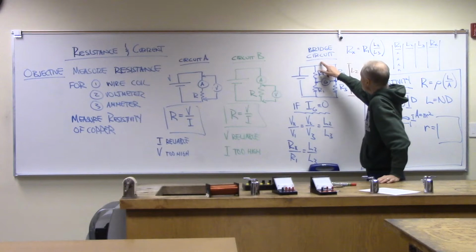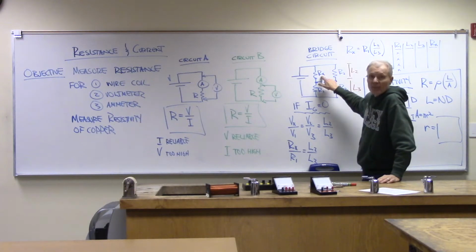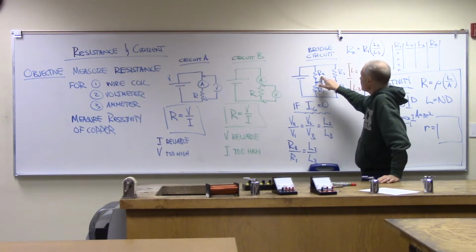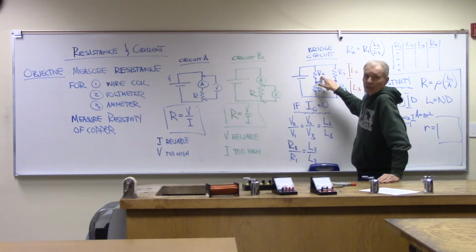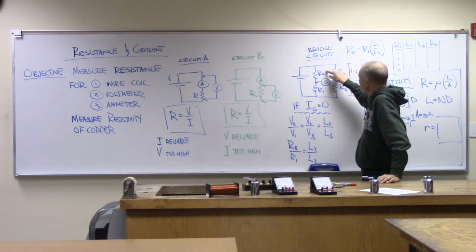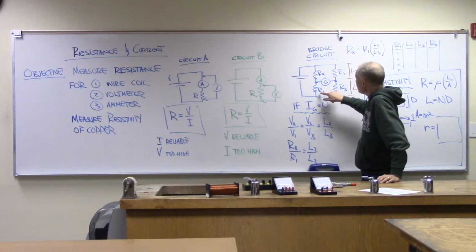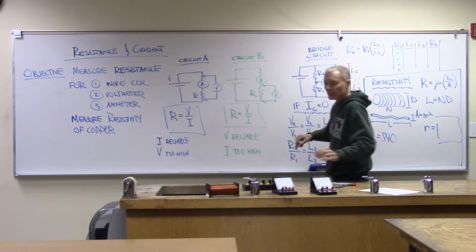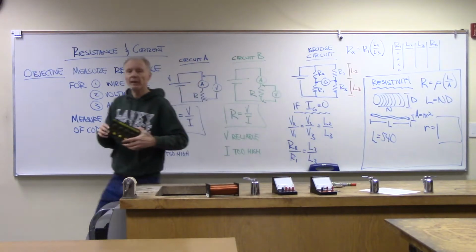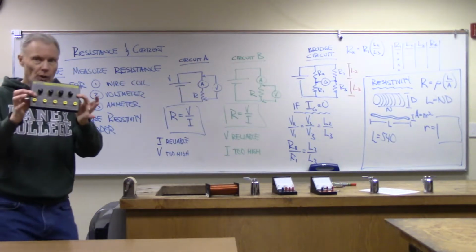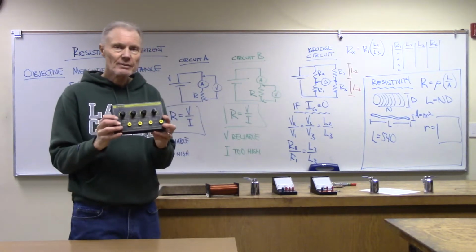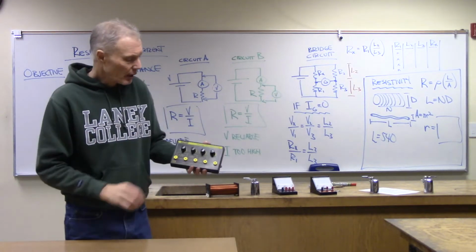In a bridge circuit, let's say that we're trying to measure the resistance of some object. I'm going to call that R sub x. That's the object we want to measure. Now in series with that, what I'm going to place is R1. In our circuit, R1 is going to be this precision resistor.